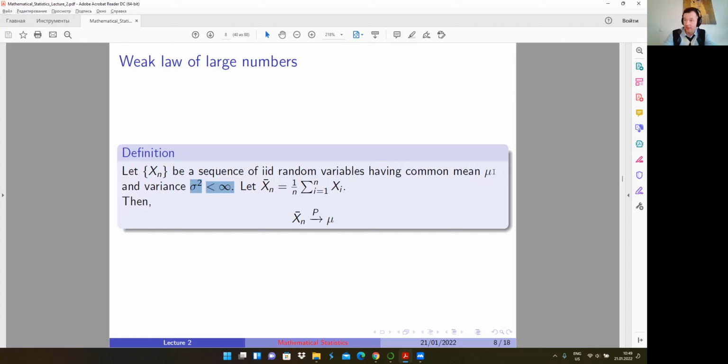You are recommended to have a large enough sample in order to be at least somehow sure that what you calculate converges in probability to your target, to what you are looking for.